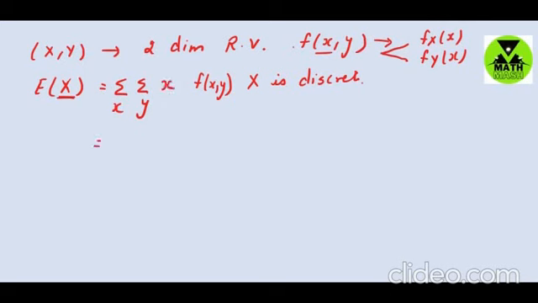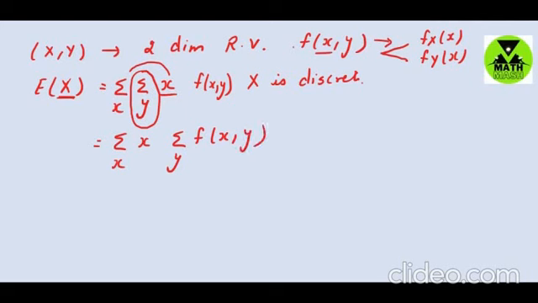So this is equal to, since x is not depending on this summation of y values, can we take this x outside of this summation? So this becomes summation over x, and this x as it is, then we can write summation over y, f of x comma y, whenever x is discrete. I can take this x outside because this x is not depending on this sum over y values.